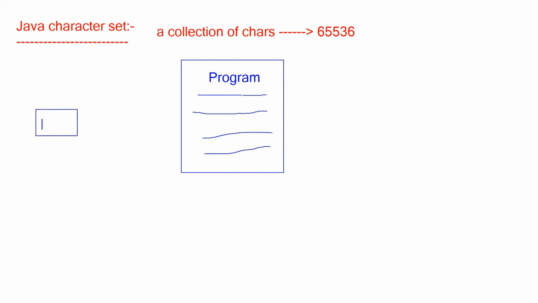When you give an input, the program will accept that input, process it, and produce some output. Let us assume you are giving the input as "I love Java". This is the input you are giving.